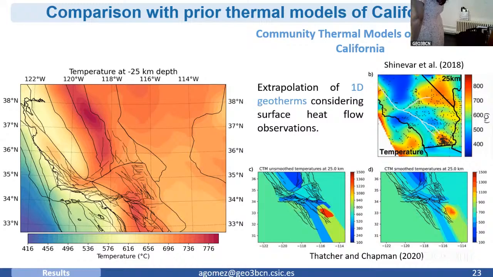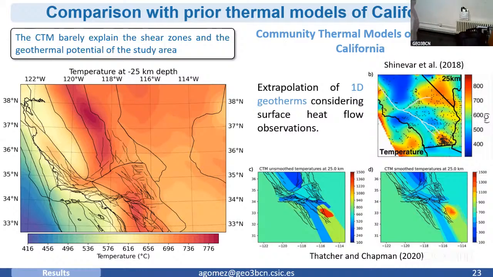For example, here, this is Southern Sierra Nevada and Walker Lane, which corresponds to this area here. Actually, according to this community model, it should have cold temperatures compared to the surroundings. And this is not what we obtain in our model, right?